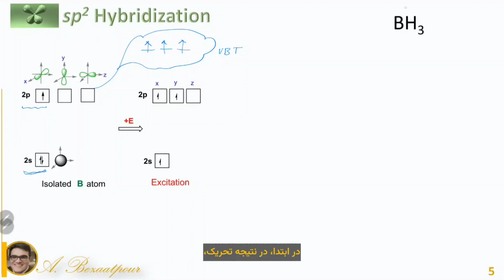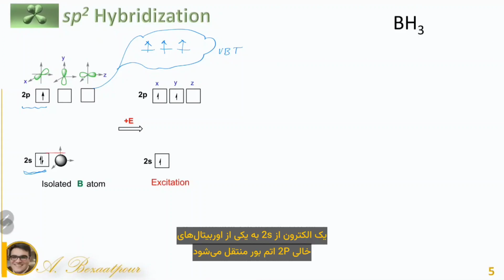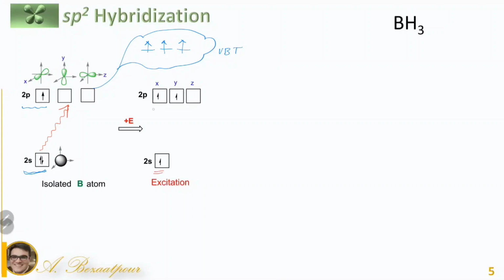Firstly, as a result of excitation, 1 electron is transferred from 2s to one of the empty 2p orbitals of boron atom.